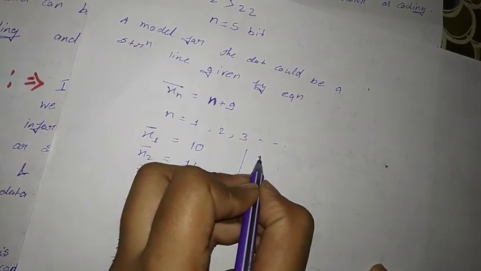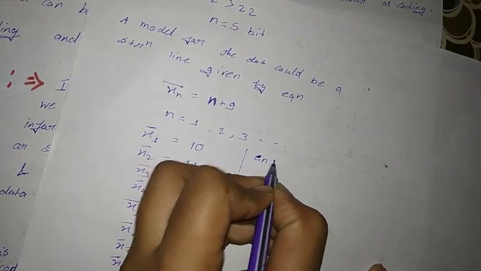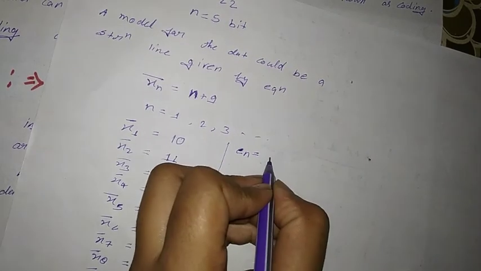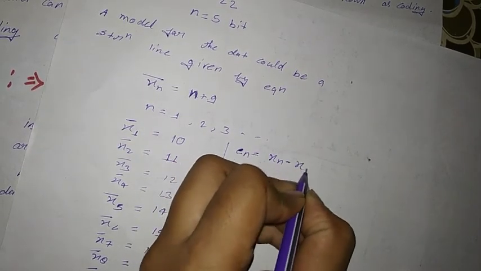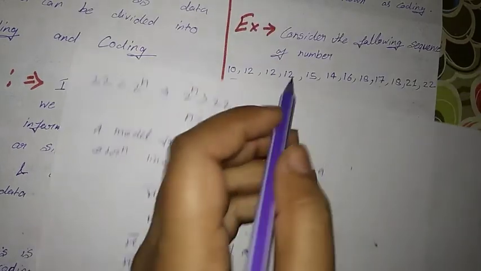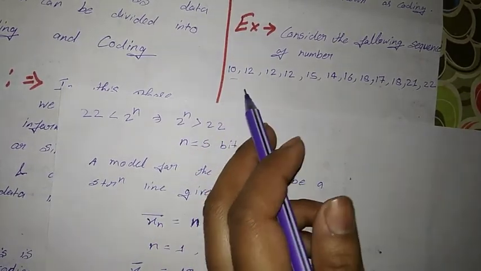Now we find en equal to xn minus xn bar, where xn is the given value.